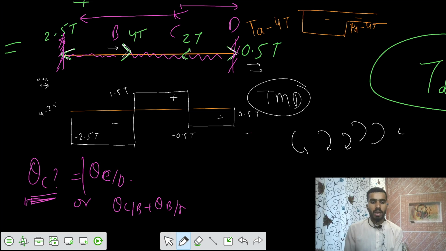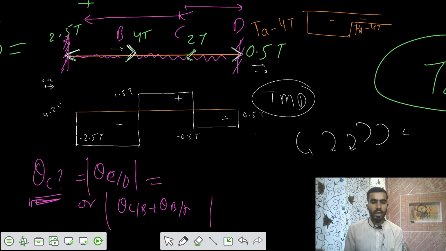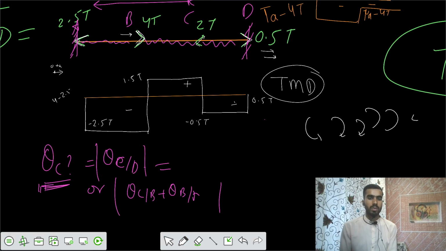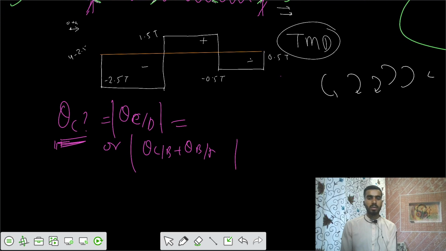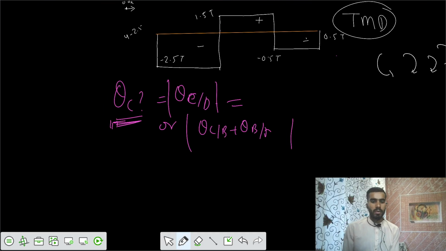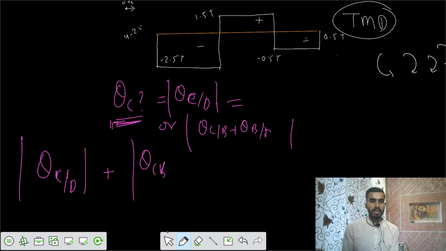So you can say mod of one would be equal to mod of the other, such that the net value would be equal to 0. So if you say theta CD plus theta CB plus theta BA, we know that the actual value equals 0. If you sum them, you get some value of theta C with respect to D, plus some value of theta CB, plus theta B with respect to A. If you subtract them, you could get a value of 0.